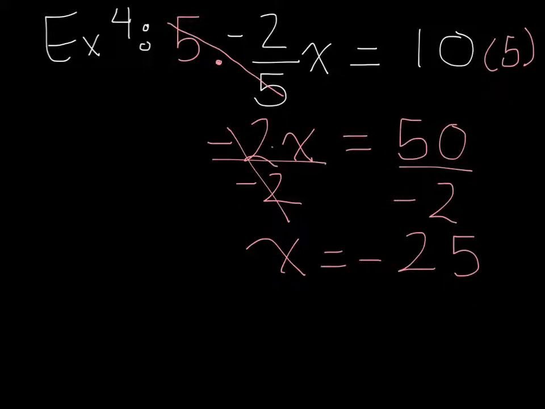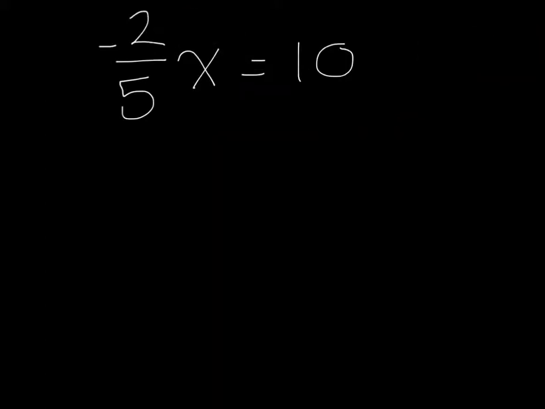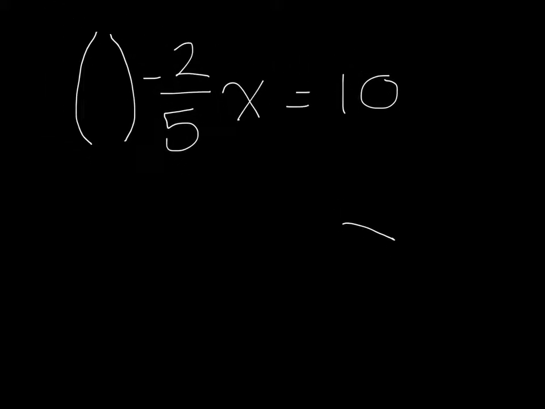But since this is one-step equations, there's a way that I can do that in just one step. So let's try to do this. Okay, so same problem. I could do that multiplying by 5, dividing by negative 2 in one step by multiplying what's called the reciprocal.